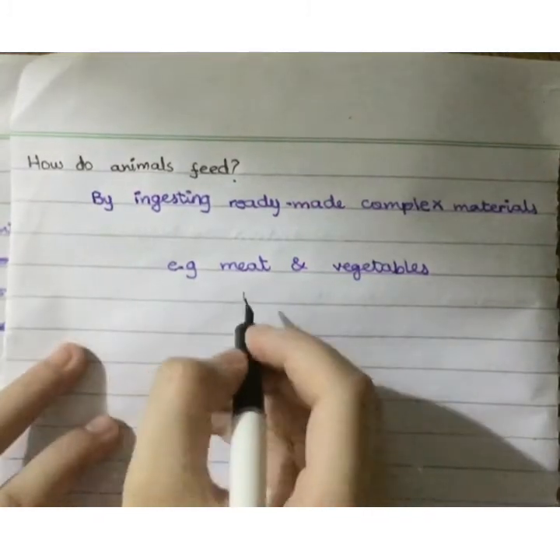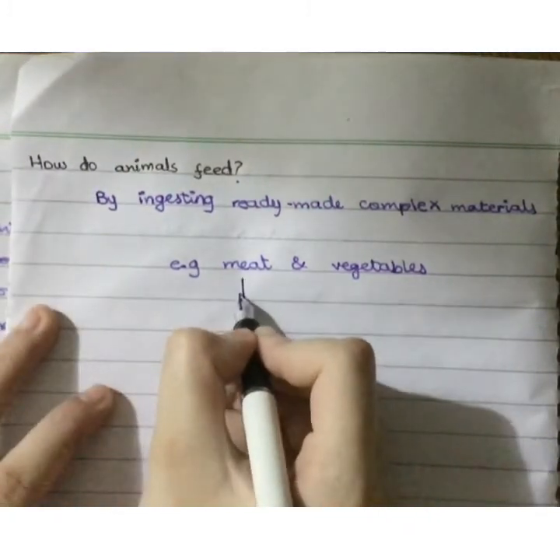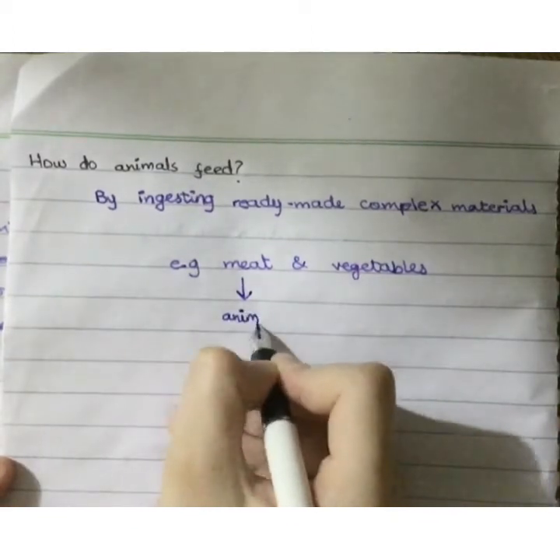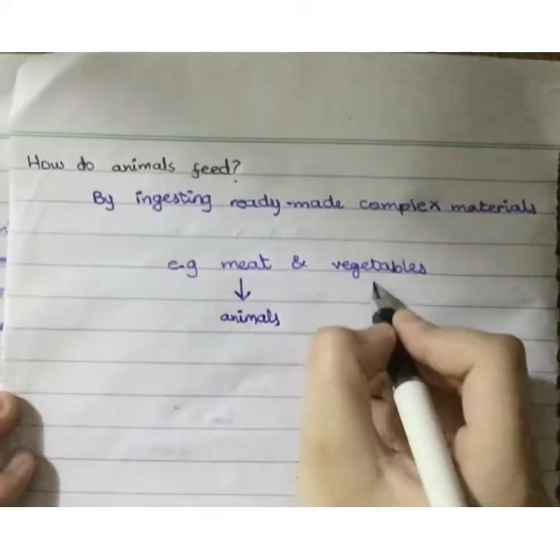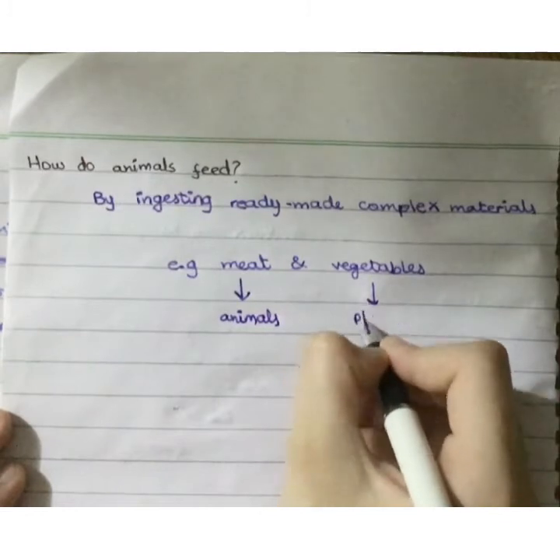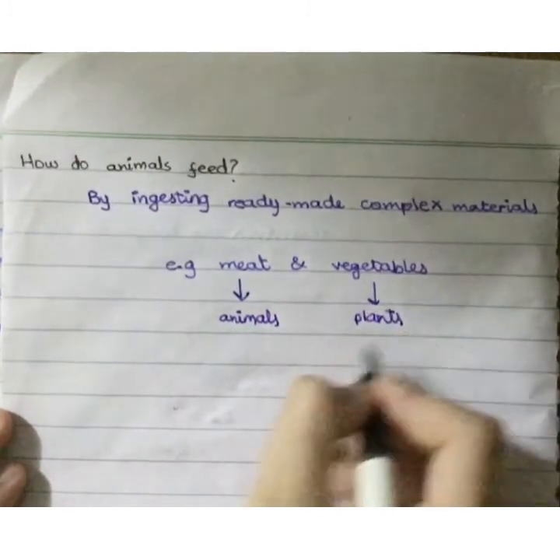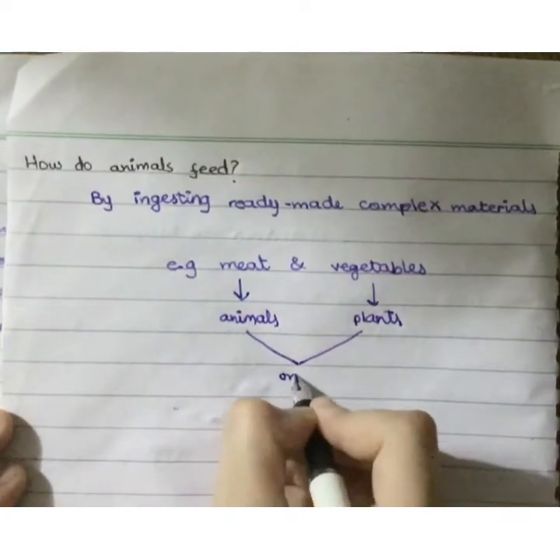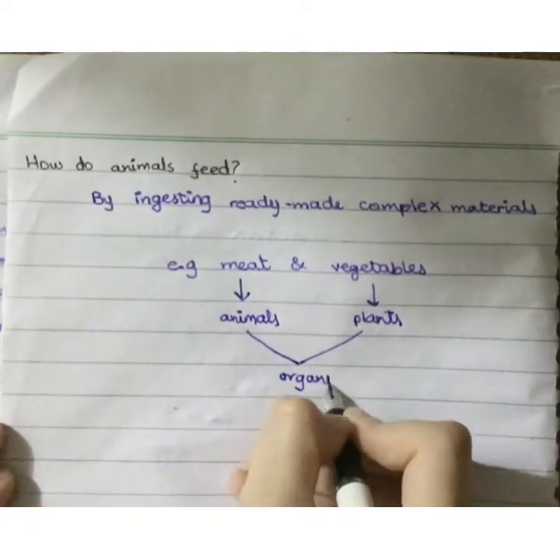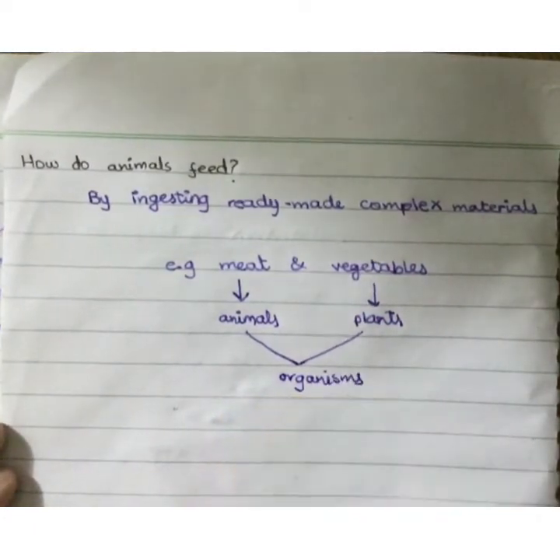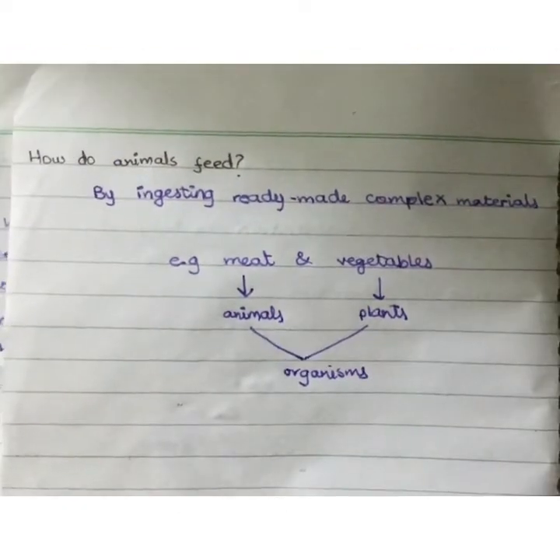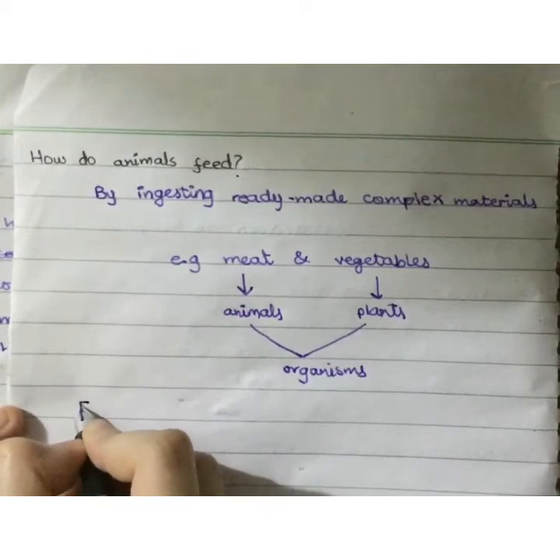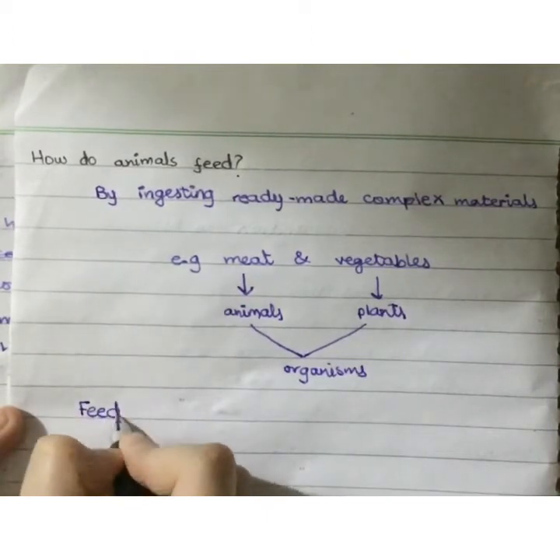So let's just make arrows and tell you, this meat is coming from animals, and these vegetables are coming from plants. Some people differentiate, but both of them are actually coming from organisms. They both are different organisms. And if we see it another way, this meat is also coming actually from the plants.